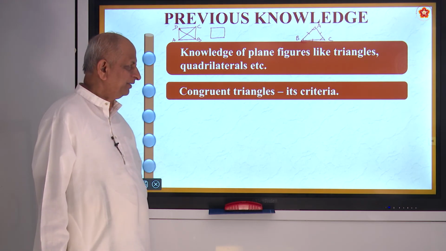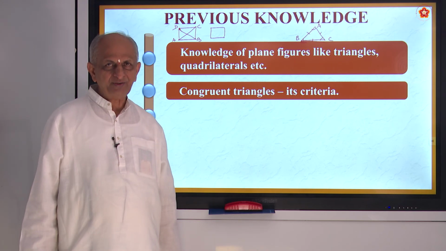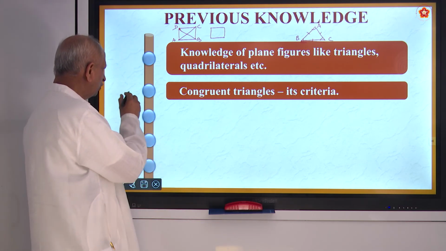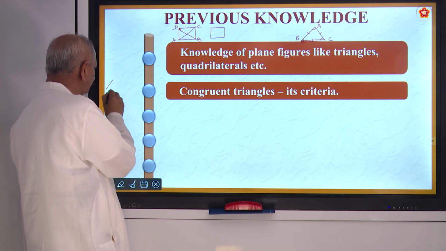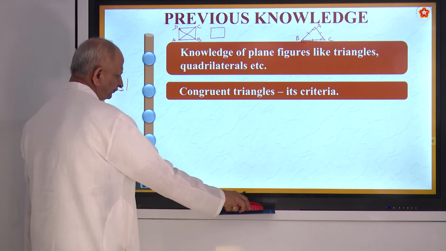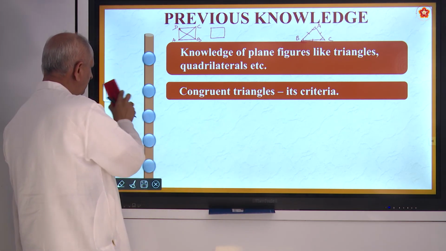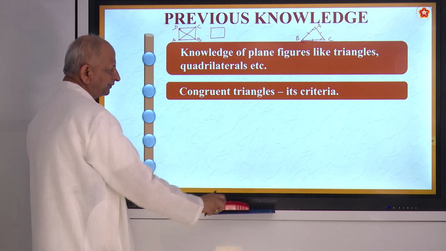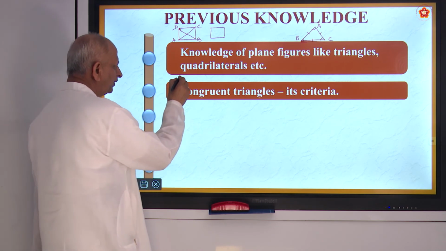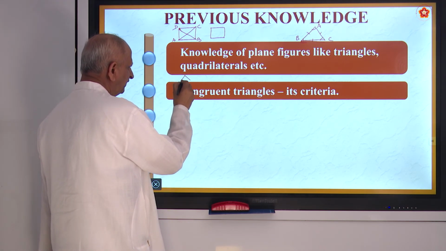Also you have seen in your previous class about congruency of triangles. Congruent triangles are those which have the same shape and same size, and there are different criteria.